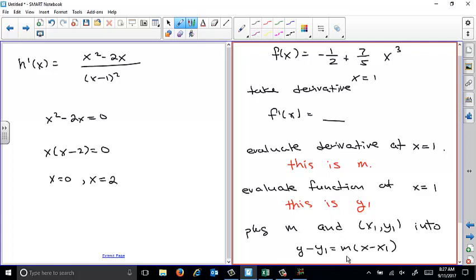That's the basic idea. So I'm going to go ahead and work the one before that.